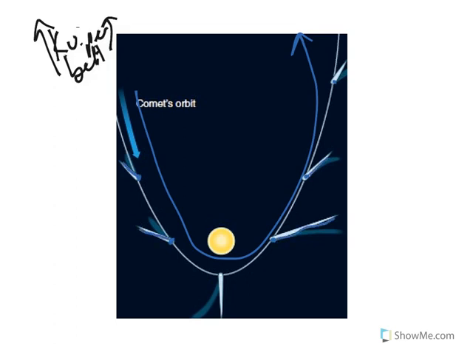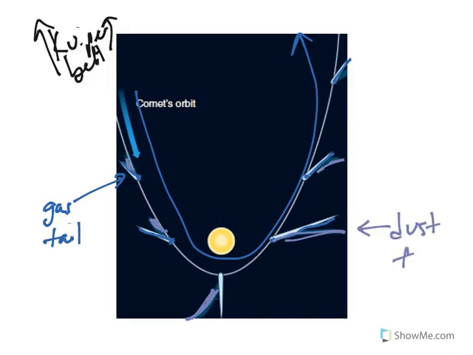And you can also see this white tail that's pushing out, and that white tail is going to be your gas tail. Now if you look very closely, you'll see another tail, and that tail is your dust tail. Now the gas tail is much longer than the dust tail.